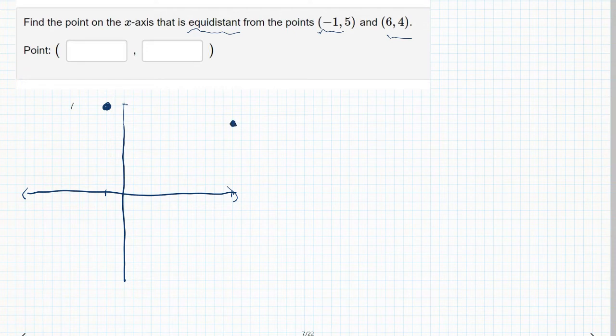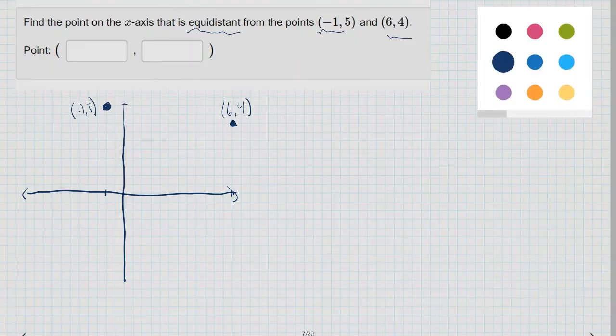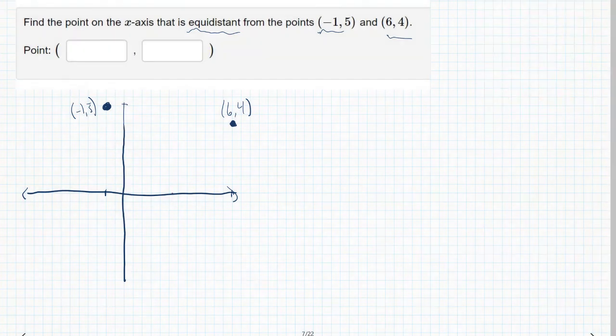Okay, so let's just say this is -1, 5. You don't have to be as exact as I am right here. But say you have those 2 points, right? We want to find, oh, I'll use pink. We want to find some point, I have no idea where it is, but some point that makes this line and this line equidistant, meaning same distance.